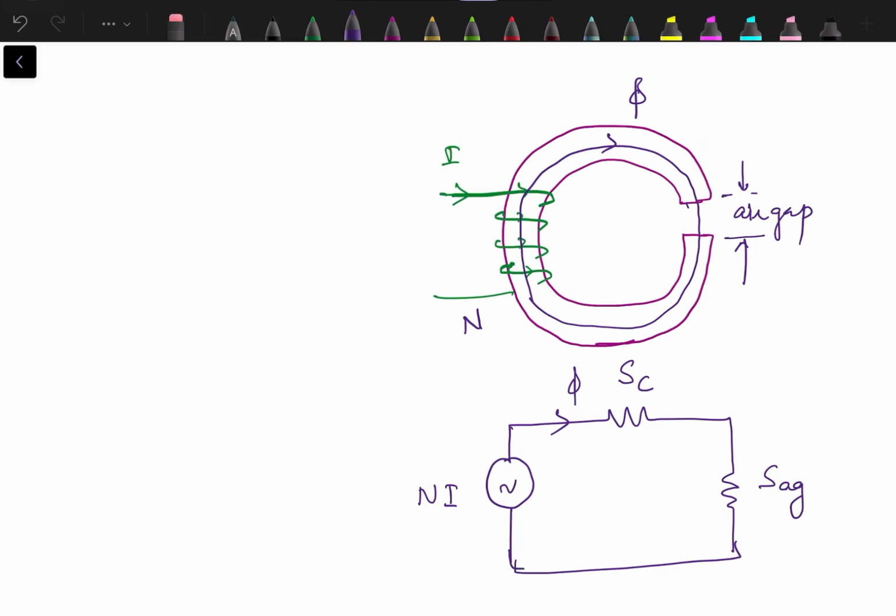So it's just like a series circuit. The reluctance is represented by the same symbol as the resistance. Now we can calculate this flux as MMF upon total reluctance, which is SC plus SAG.